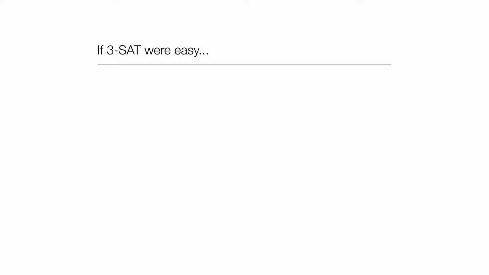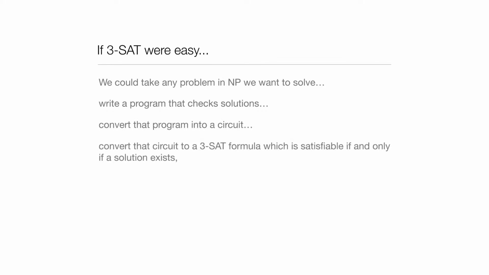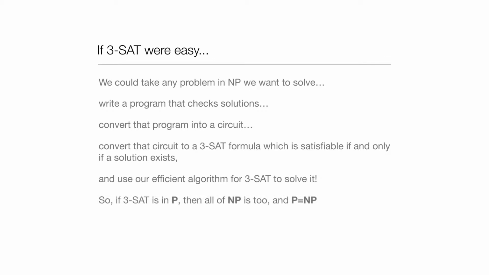If 3-SAT were easy, we could take any problem in NP we want to solve, write a program that checks solutions, convert that program into a circuit, convert that circuit into a 3-SAT formula, which is satisfiable if and only if a solution exists. You say 3-SAT's easy, I don't believe you. You say it's easy, you run your fantastic algorithm on it, and you give me the correct yes or no answer. So if 3-SAT can be solved in polynomial time, then all of NP can be solved in polynomial time, and P and NP are the same.